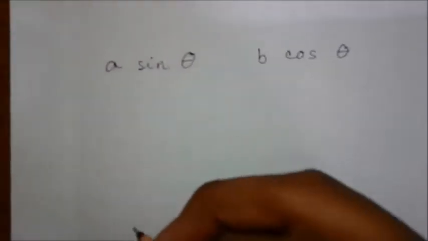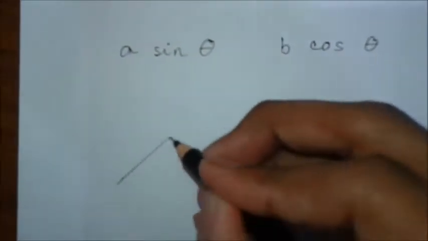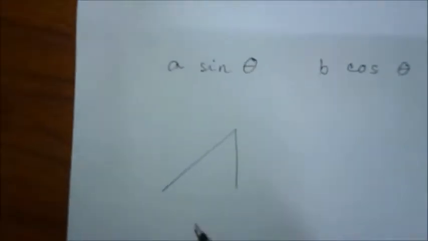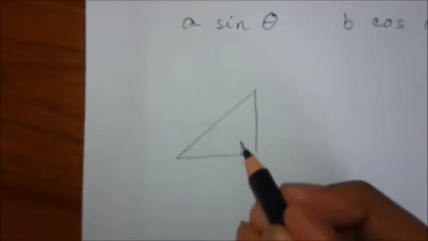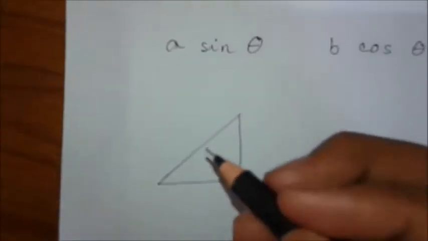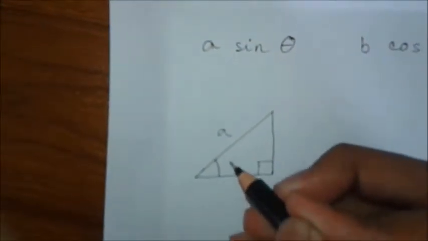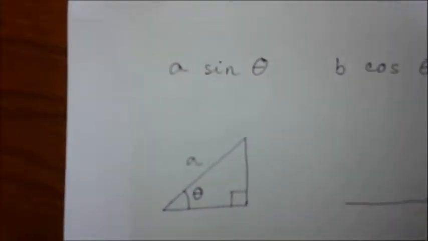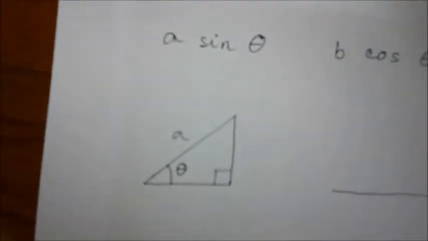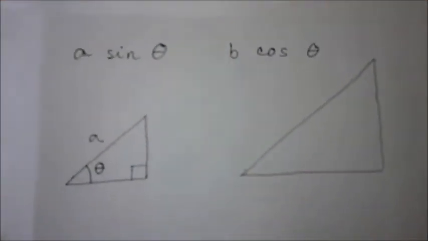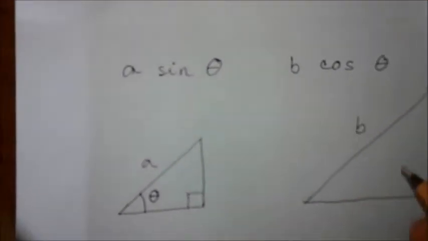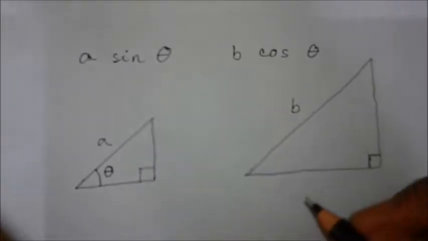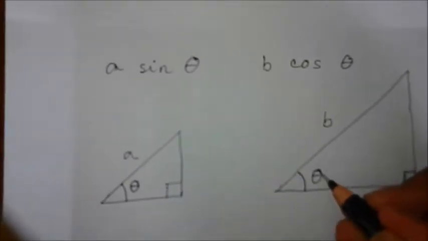Well, one way we can look at it is if we take a right angle triangle with hypotenuse A and this angle theta, and then we take a similar right triangle over here, let this hypotenuse be B and this angle be theta.